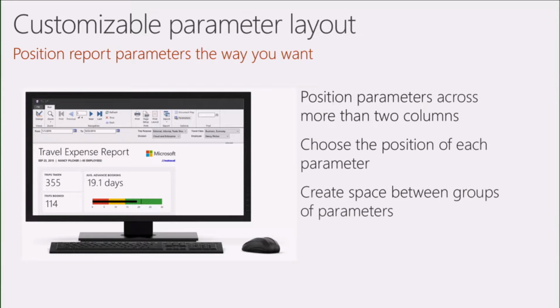Reporting services was built at a time when screens were not widescreen, they were more square, and they had a much lower screen resolution. So you could realistically only fit 2 or 3 parameters on your screen. And so it just laid out parameters for you on this 2-column layout. And it would snake from left to right, top down, sort of reading order. But you couldn't actually control the order of parameters. And worst of all, you could not have more than 2 columns of parameters. That was the most frustrating thing.